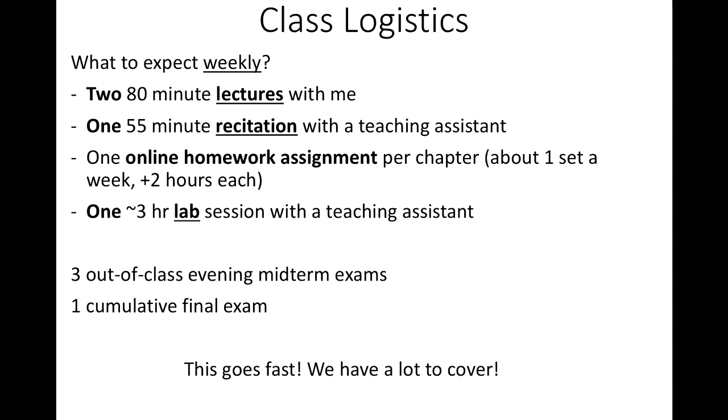Recitation is a smaller group of students where you do practice problems with a teaching assistant every week, on a different day of the week from lab. So recognize that the lab you signed up for has 2 different classes. You go to both week to week, all right?